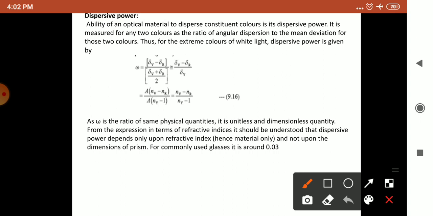So what is dispersive power? It is the ability of that optical material to separate out or disperse colors, and that ability is measured in terms of dispersive power.